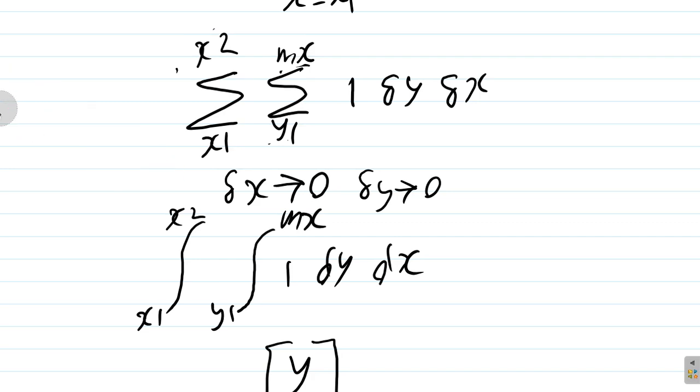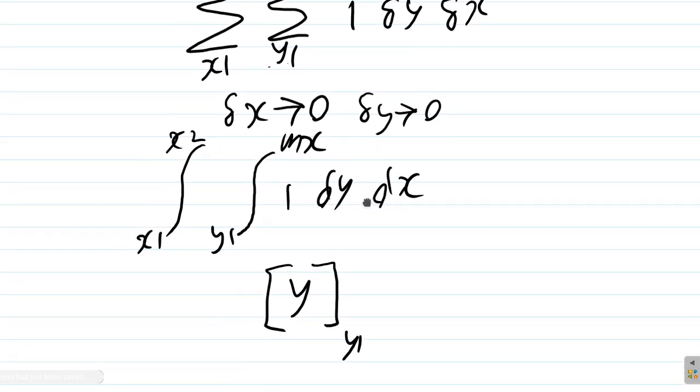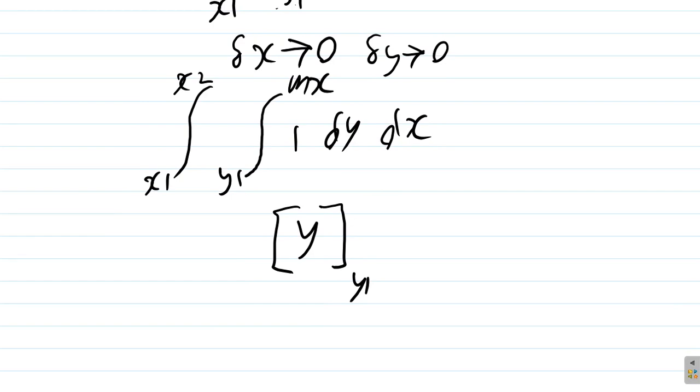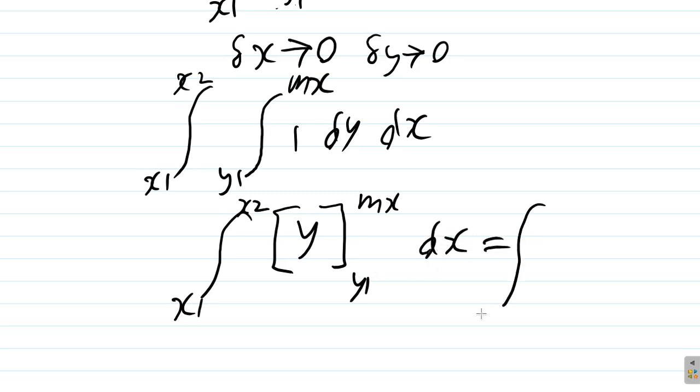Now, that will simplify what we're doing. But let's do it later on. Let's not do it just yet. From y1 to mx. And we're integrating this from x1 to x2 dx. So what this is, is the integral from x1 to x2 dx.